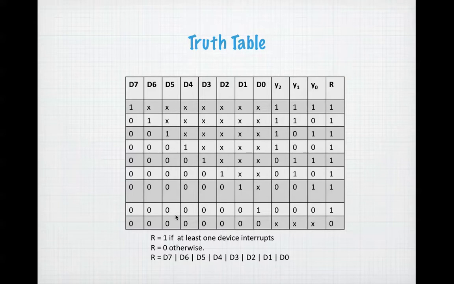In fact, there's one more combination that I have to mention, and that is when the last device here, which is D0, makes a request, and all the other devices with higher priority, namely D1 through D7, do not make any such request, then it is device ID 000 that is assigned to these three binary variables.